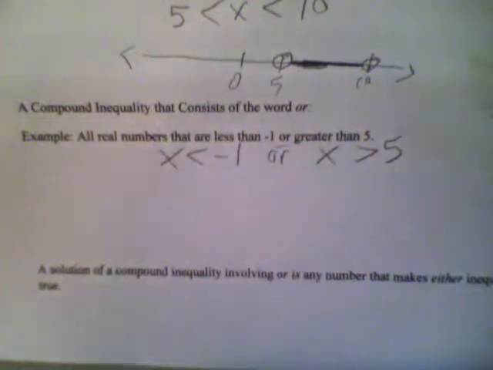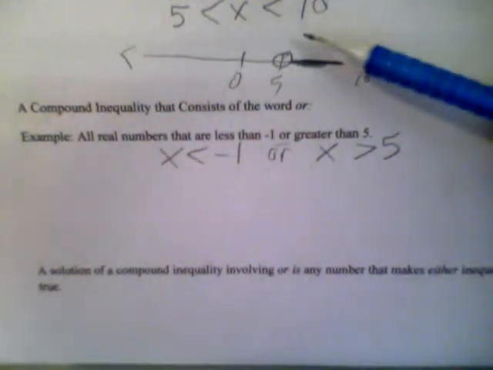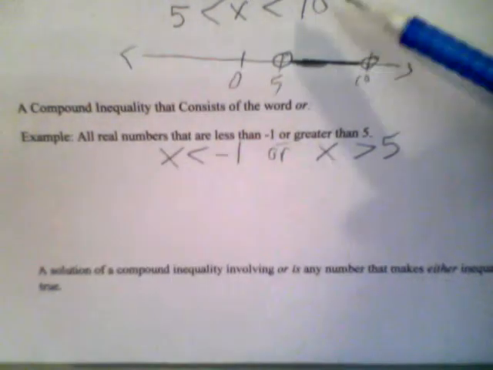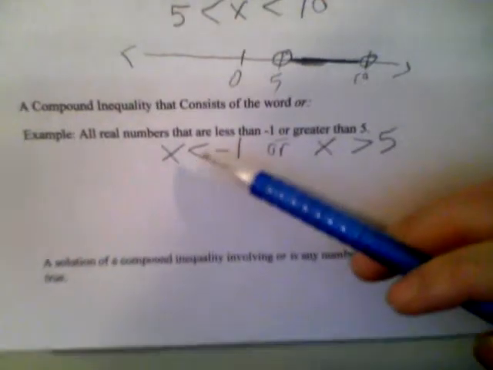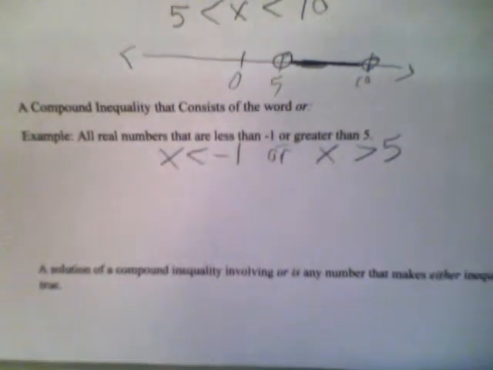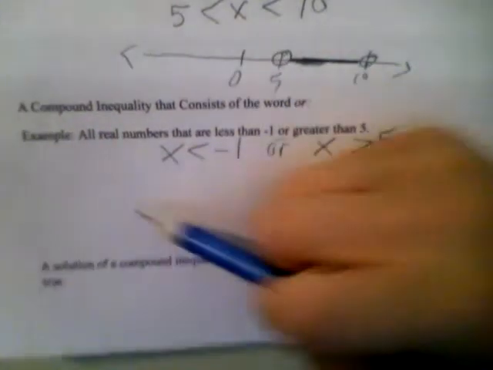So with our compound inequality with the word and, both our inequalities had to be satisfied. Whereas when it's an inequality that has the word or, only one of these inequalities has to be satisfied. Okay? Let me graph it and then I think you'll see what I mean.